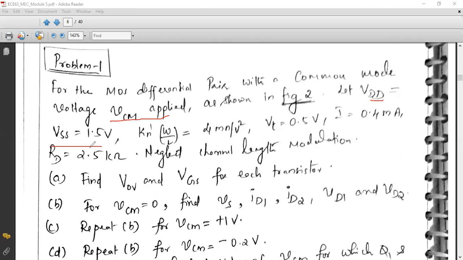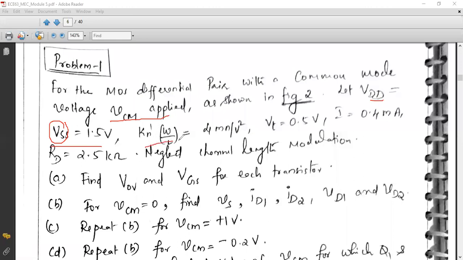It is understood that VSS is negative 1.5. Even though it is not specified, you should consider VSS as negative 1.5. In the problem they have given it in terms of magnitude, but kindly note that the voltage VSS will be negative 1.5. The magnitude of VDD and VSS will be equal to 1.5.